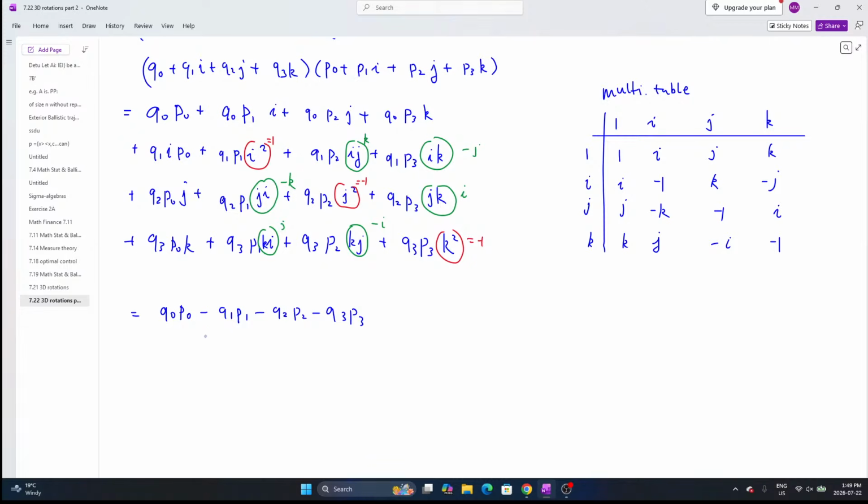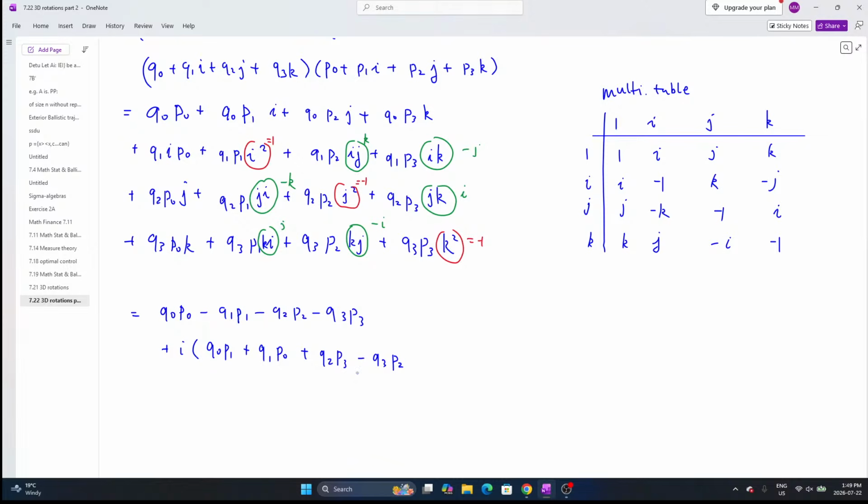So yeah, and plus i times i. Let's look at the i terms. We have how many i terms? Well, first you got q0 p1, and plus, second row, q1 p0. Third, you got q2 p3 and minus q3 p2.